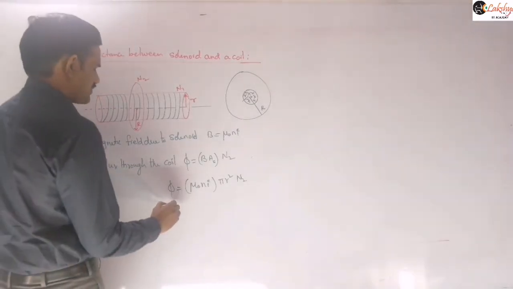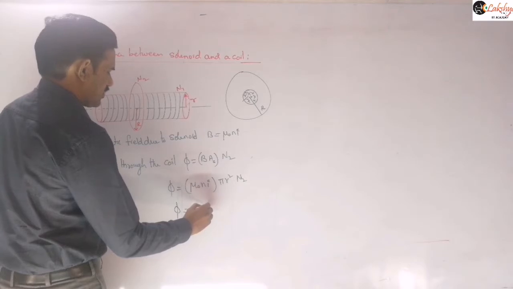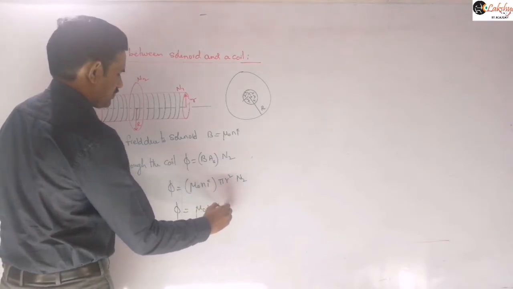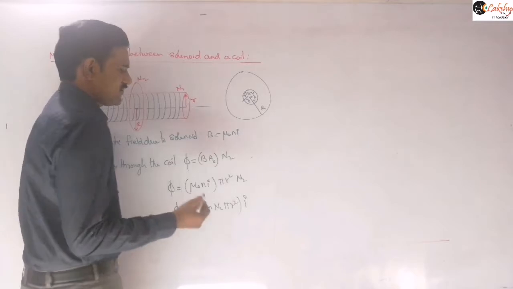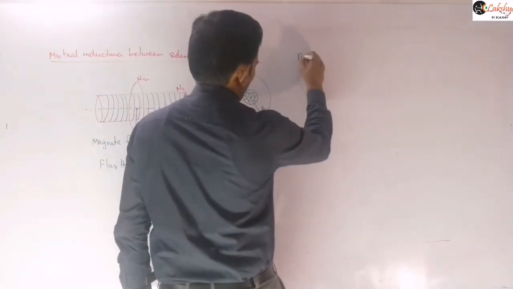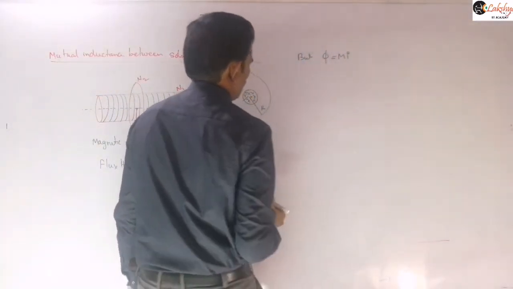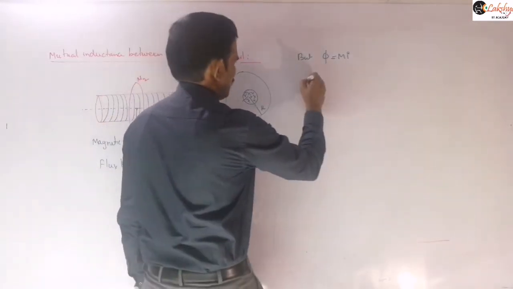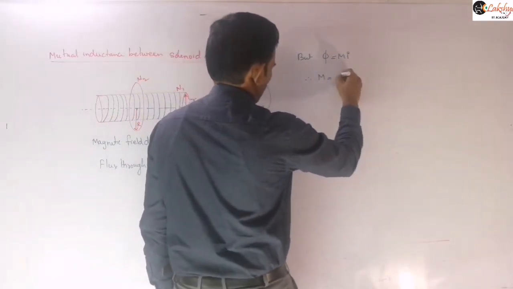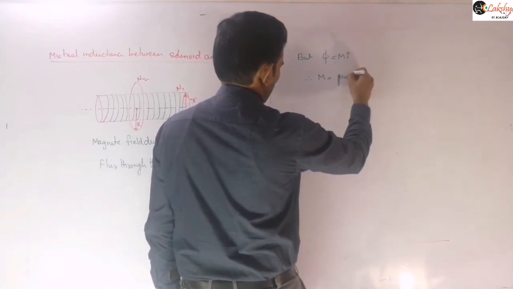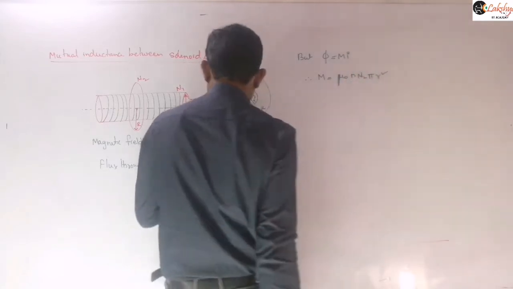And so therefore it is phi is equal to mu naught into N into N2 into pi r square into I. But this flux what we can write there is phi is equal to Mi now we can write. And therefore this M is equal to mu naught into small n into N2 into pi r square now we can write.